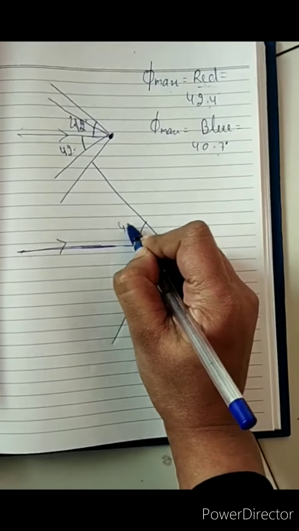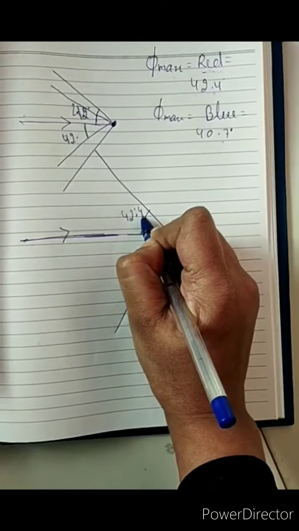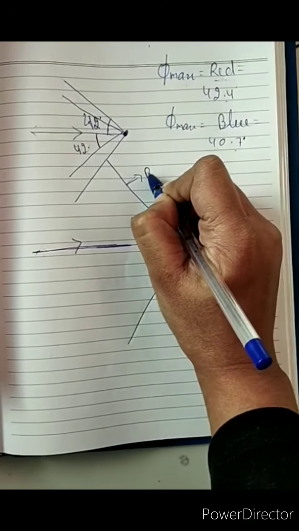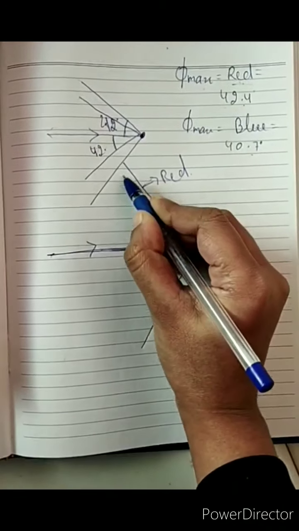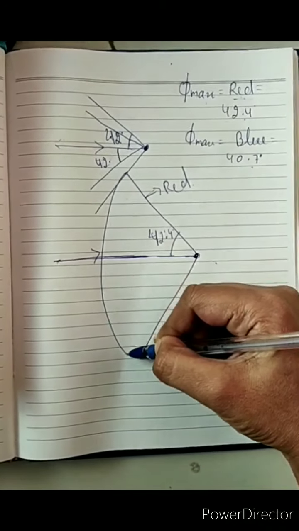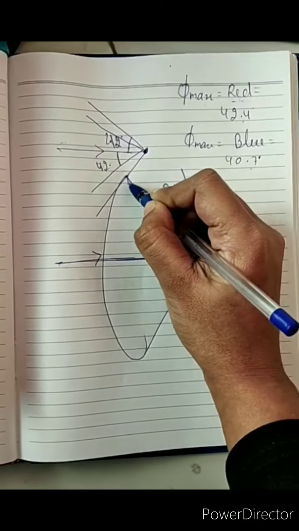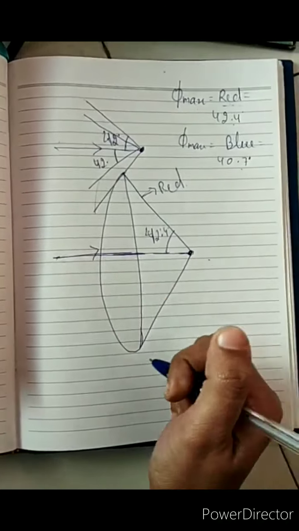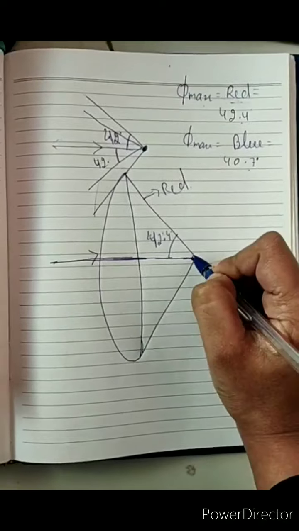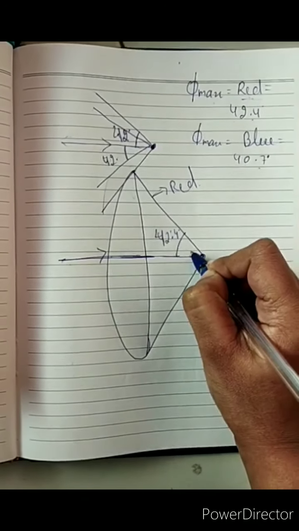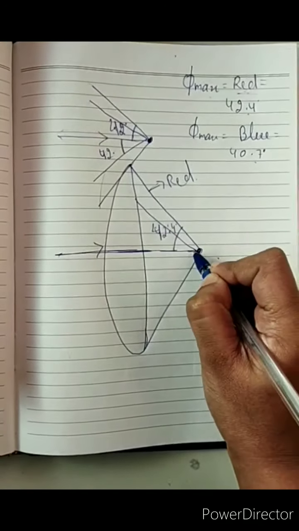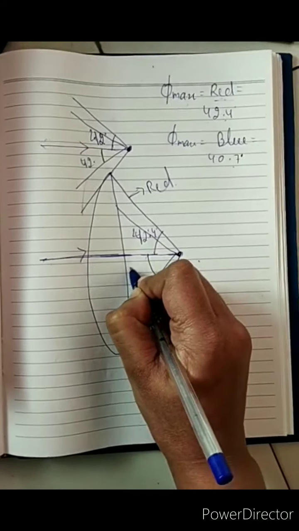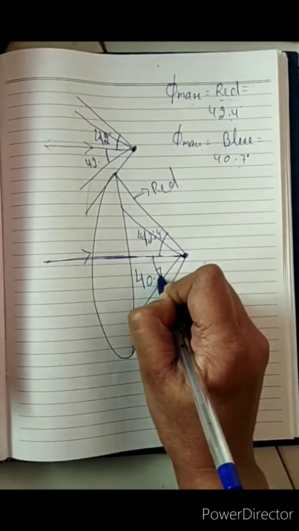So this angle is 42.4 degrees, this will be your red, and you have to think of it in the form of a cone. That is your colorful rainbow. And since blue is inside, this angle is 40.7 degrees.